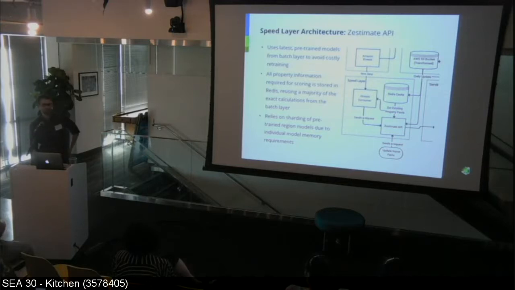We can't contain all of our models on one single host because they're too large. As a result, we need to shard the models and then send requests that way. It's pretty much a bin packing problem, where you're packing based on the size of the models as well as the distribution of your requests.